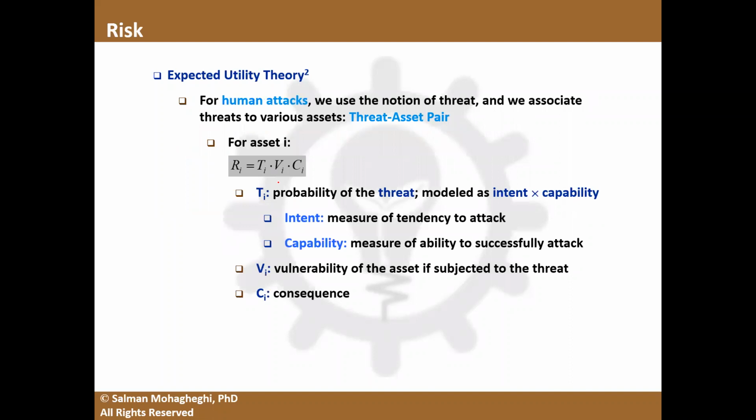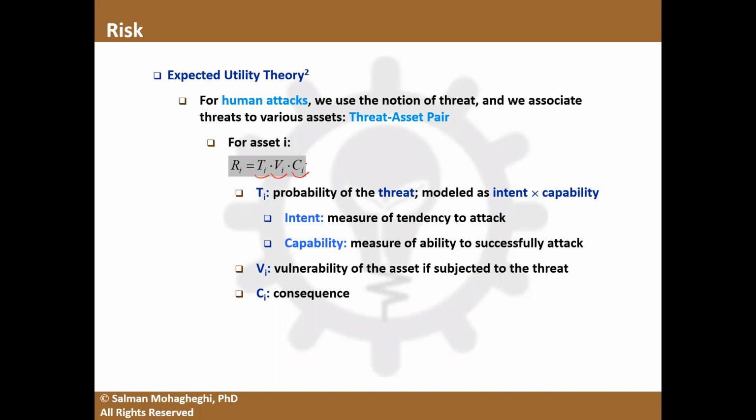For human attacks, we try to model risk differently. So instead of looking at probability and consequence, we break it down into what is known as a threat-asset pair. And for a particular asset, we define risk to that asset i as a multiplication of the threat that is threatening that asset, the vulnerability of that asset, and then the consequence if that threat to that asset is materialized.